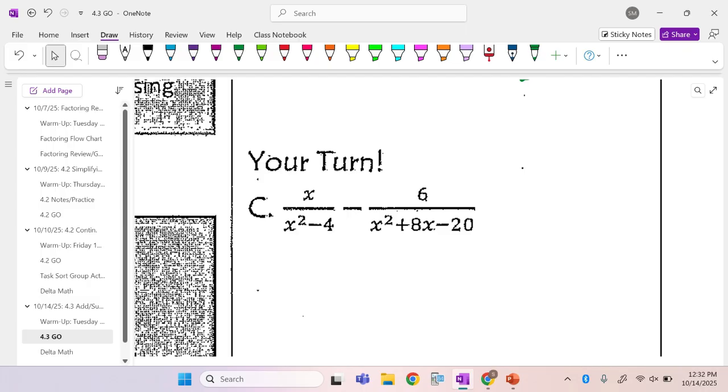X squared plus 10x. Just a straight. Just turn right next to it. One thing that I said that everyone messes up: it's squared, so you gotta have the minus version.